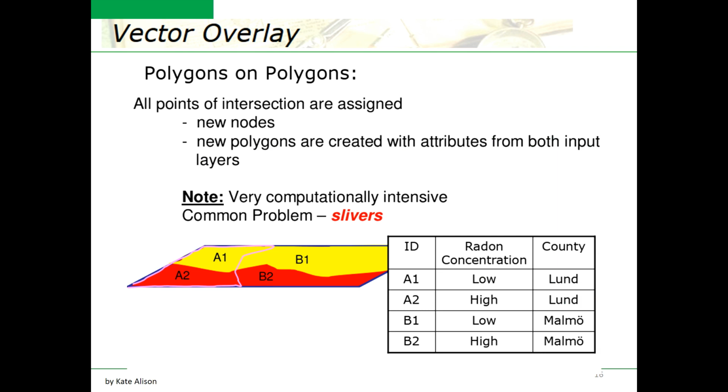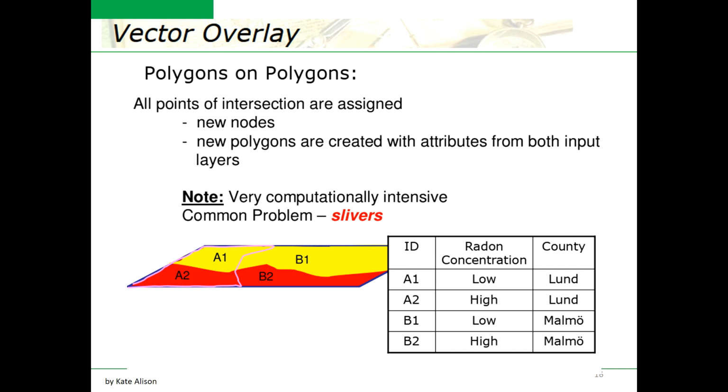As a result of the polygon on polygon overlay, first all points of intersection between all 4 polygons are assigned, and new nodes for polygons are calculated. New polygons are then created with the attributes from both input layers.